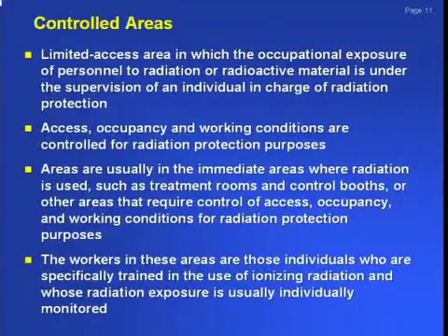What is the definition of a controlled area? It's any area that has limited access in which basically only occupational personnel are present. It's occupational people that have been trained to work around radiation or radioactive material.